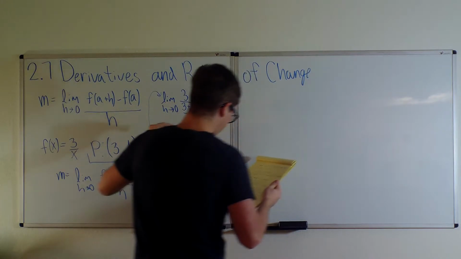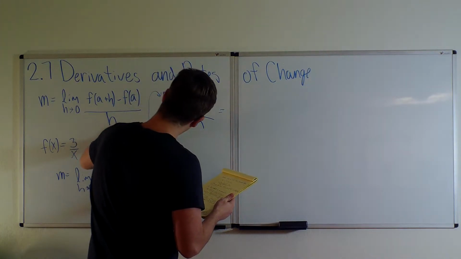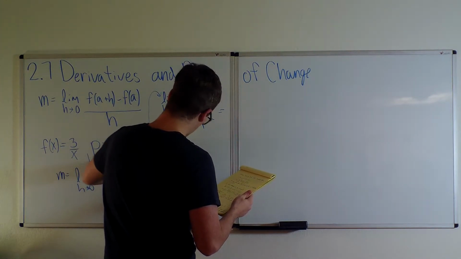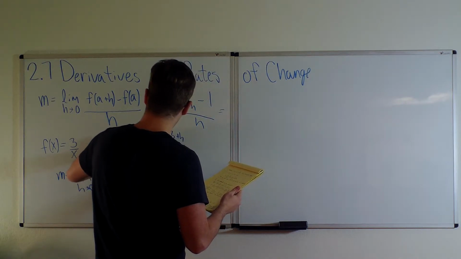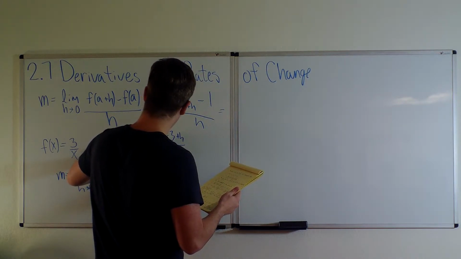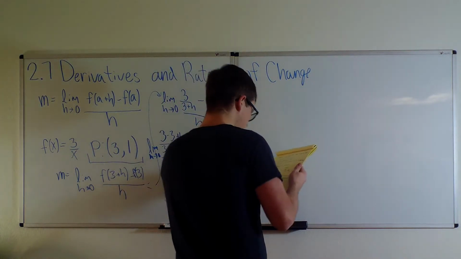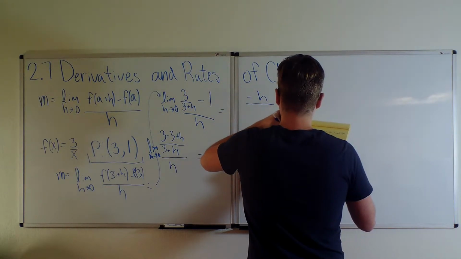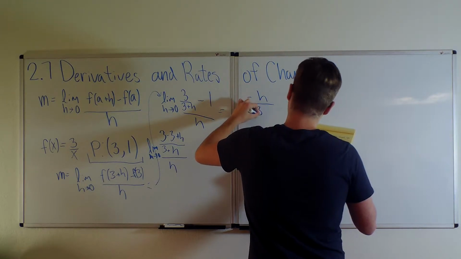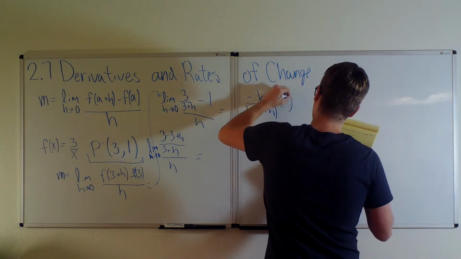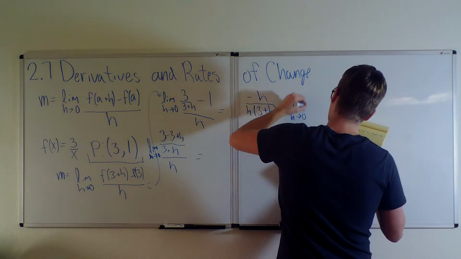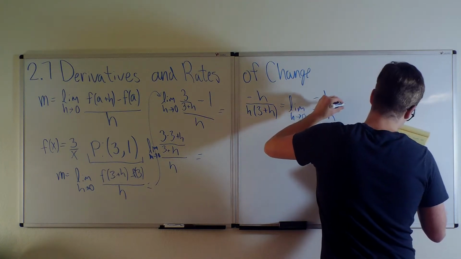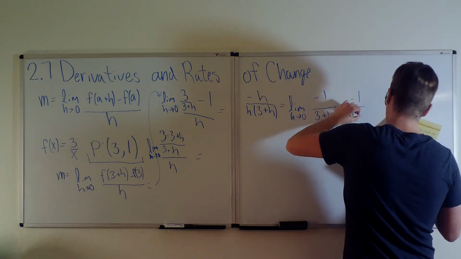And that is equal to the limit of (3 minus (3 plus h)) over (3 plus h), all over h. That is equal to negative h over h times (3 plus h), which is the limit as h approaches 0 of negative 1 over (3 plus h), which is equal to negative 1/3.